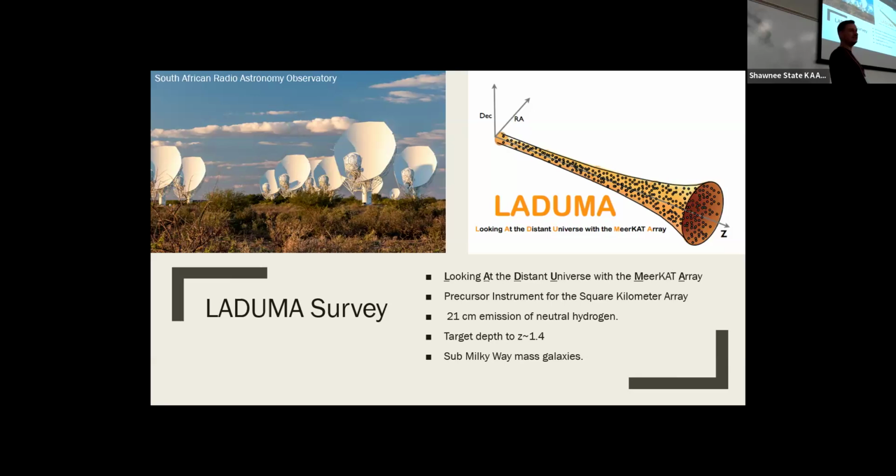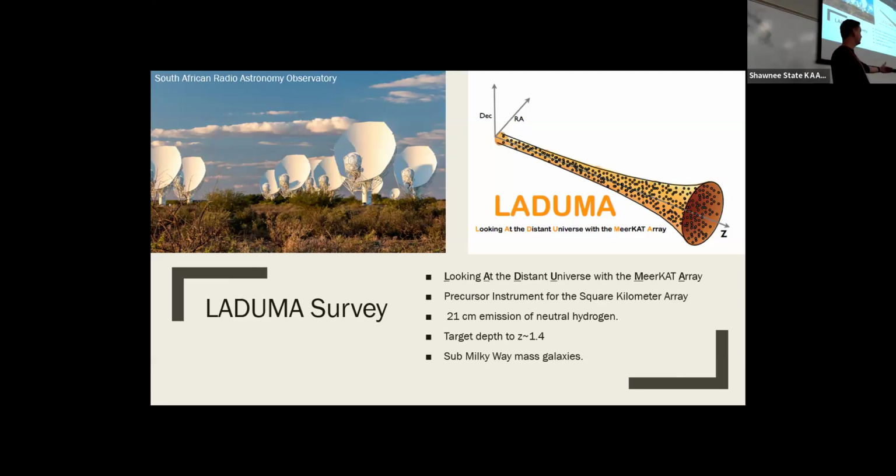The intent, as Bene talked about with H1 and the 21 centimeter line, is to get the deepest direct detections of H1 that we have ever had, because the 21 centimeter feature is notoriously faint, so it's quite hard to detect. Our best efforts to get deep have been heavily stacked data.